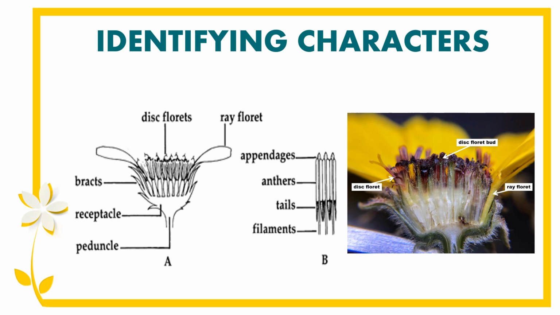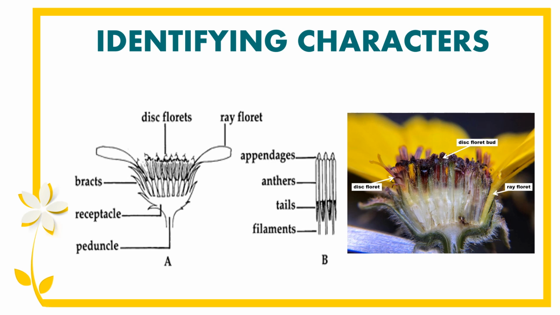You can imagine the flower of a sunflower, so you can easily recognize the disc floret and the ray floret. The big petals are the ray florets, and in the disc floret we have appendages, anthers, tails, and filaments. In the second picture also you can see the disc floret and ray florets.